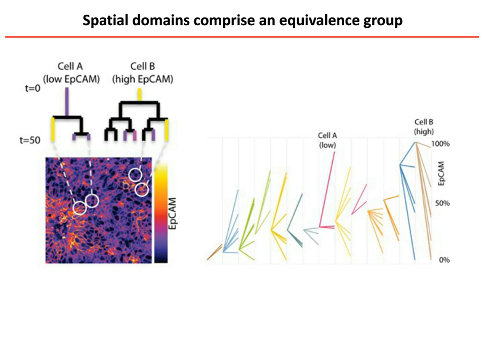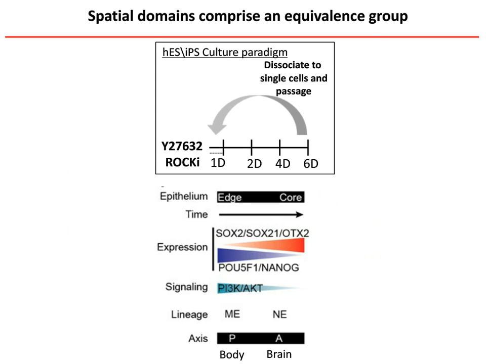To summarize this and many other studies we're doing in the lab, this concept of an epithelium is a structure that forms through time, where at the beginning of the culture paradigm, immediately after passage, all cells are edge because they're not associated with other cells at relatively low density.